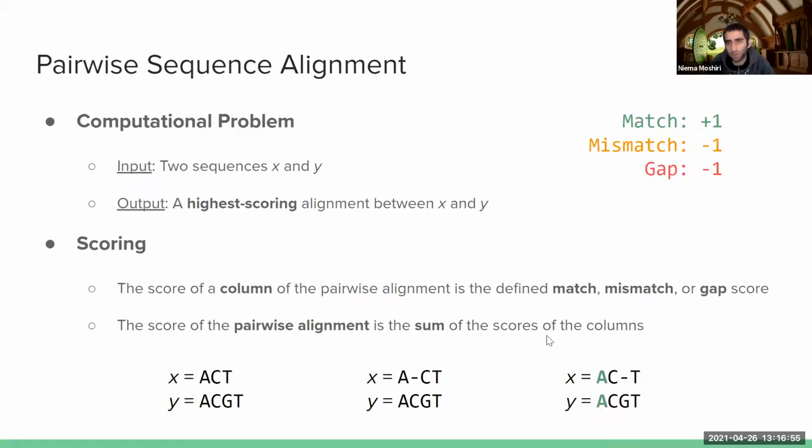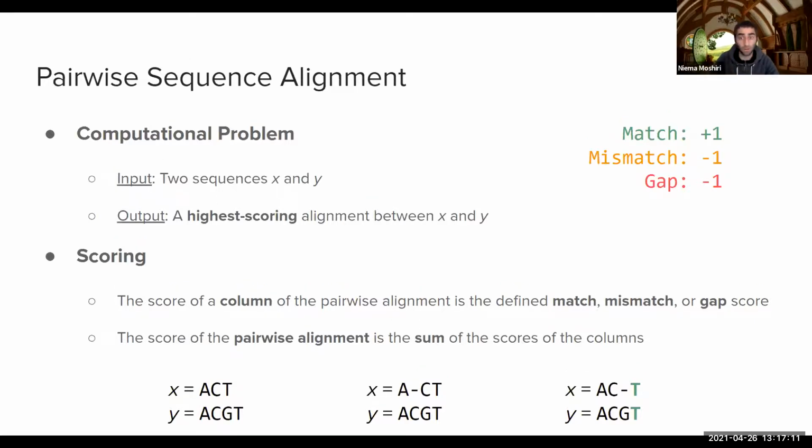The first column is a match, so that's +1. Second column is a match, that's also +1. Third column is a gap, that's -1. And the last column is a match, so +1. So this one has +1, +1, -1, +1, or a score of 2. And it turns out that this is the best that we can do for these two sequences.